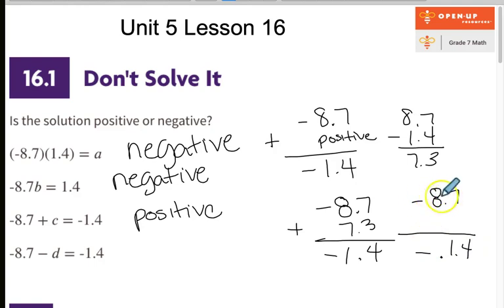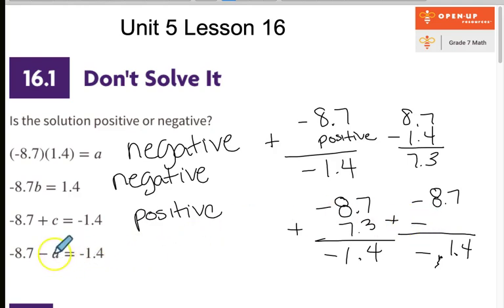Well, if I take a negative number plus another negative number, that would get me a bigger negative. Negative 8.7 plus another negative would not make negative 1.4, because a negative plus a negative is another negative. So that means this number has to be negative as well.